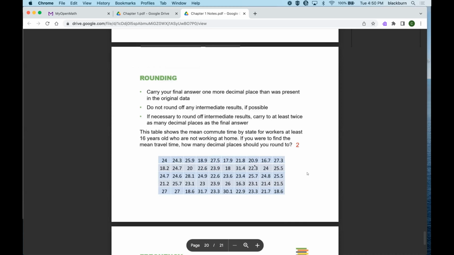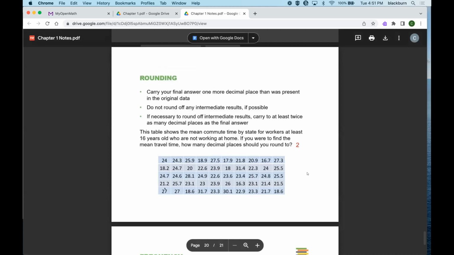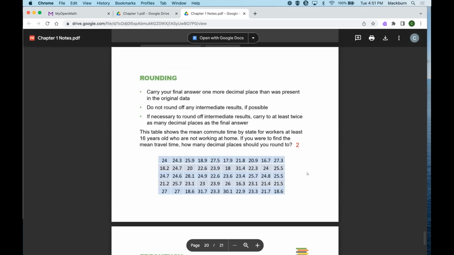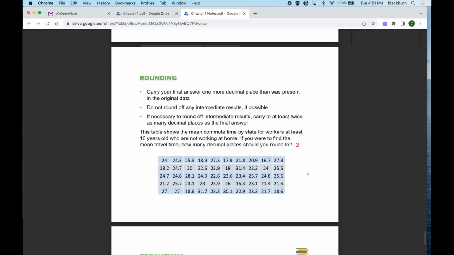If you were to find the mean travel time, how many decimal places should you round to? So you look at all this data and they are all rounded to 1 decimal place. That means when we do the mean, we want to round to 2 decimal places, which is 1 more than anything you see in the chart.